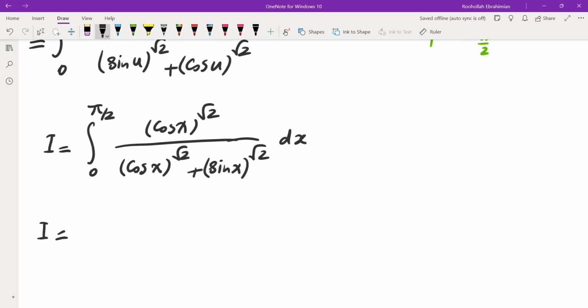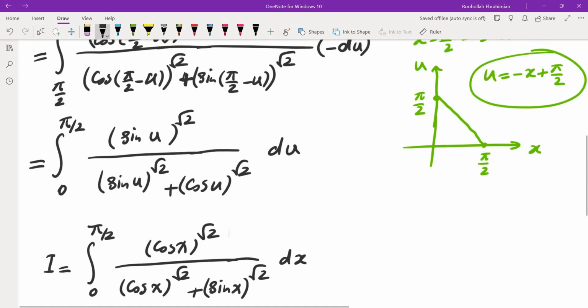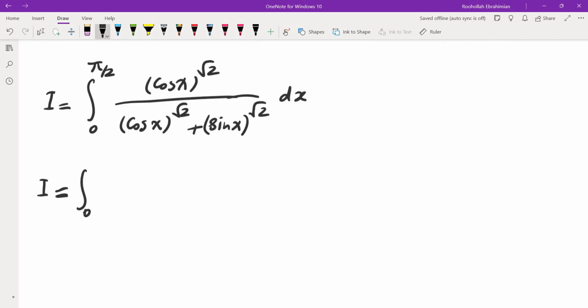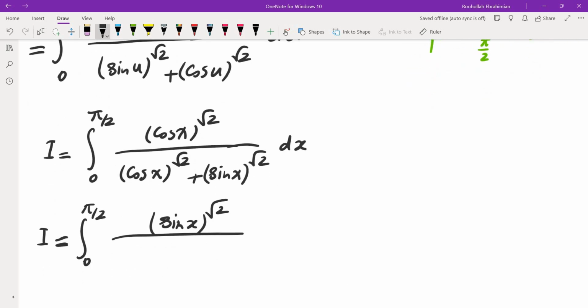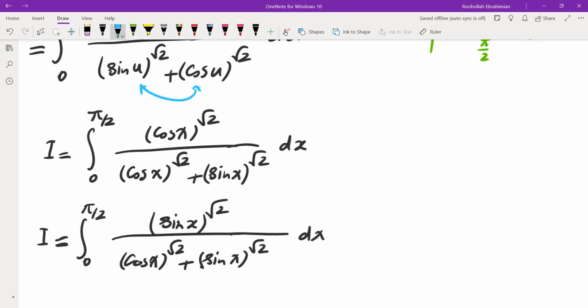Now, when I did the u substitution, I ended up with the same thing except that the numerator became sine. And I'm going to change the u back to x because that's just a dummy variable. So I ended up getting sine of x to the power of root 2 over the same denominator, cosine to the root 2 plus sine to the root 2. So it's the exact same denominator. I just swapped these two.